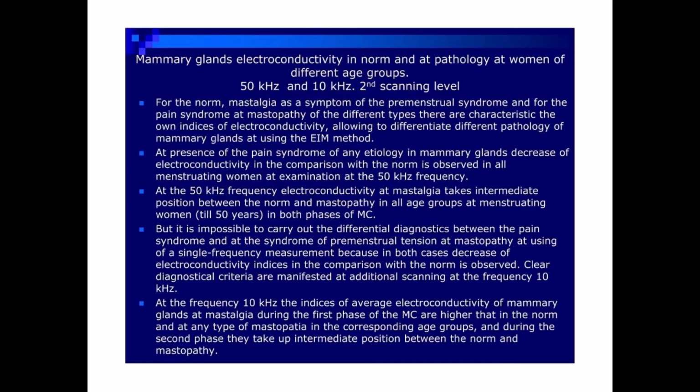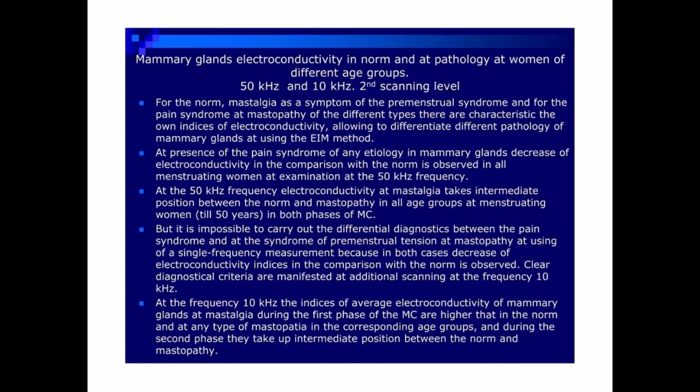Second scanning level. For the norm, mastalgia as a symptom of the premenstrual syndrome, and for the pain syndrome at mastopathy of different types, the characteristic indices of electroconductivity are their own, allowing differentiation of different pathology of mammary glands using the EIM method.